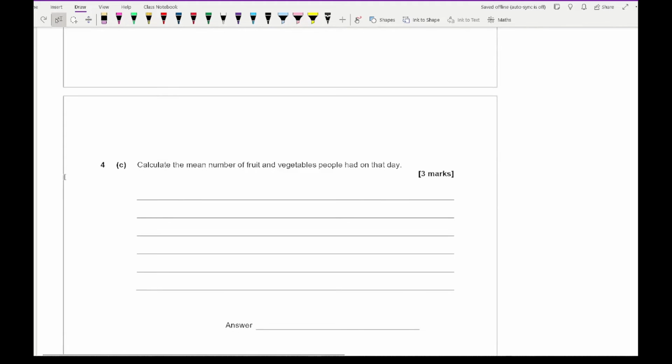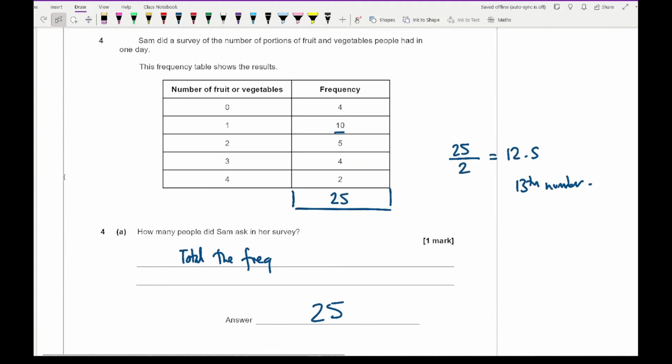For C, it says calculate the mean number of fruit and veg people had that day. So if I go back to my table, let me create an FX column. To create the FX values, all I need to do is multiply the number in the first column by the number in the second column. So here I've got 0 times 4, which is 0, 10, 10, 12, and 8.